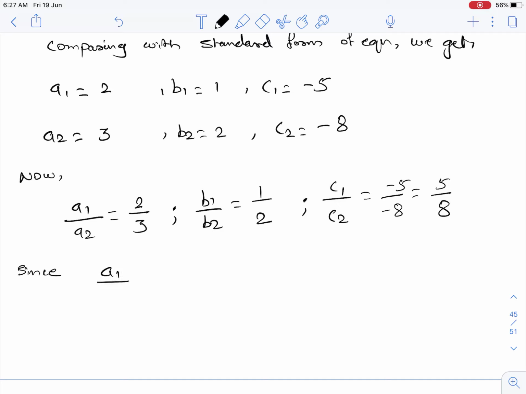Since a1 upon a2 is not equal to b1 upon b2 and is not equal to c1 upon c2, when such a condition arises, that is none of the ratios are equal to each other, we say that there is only one possible solution, that is, we can have a unique solution.